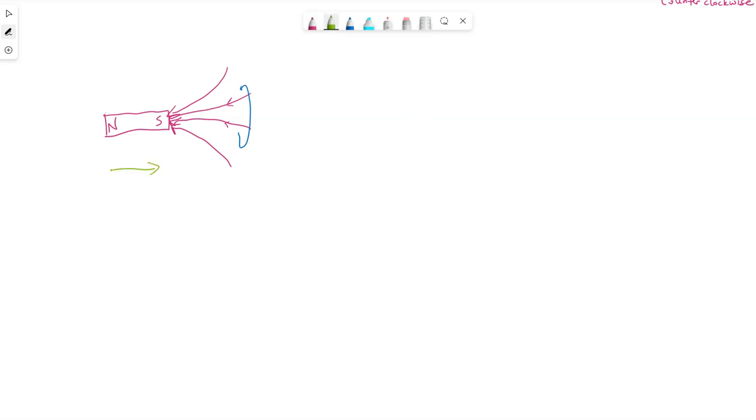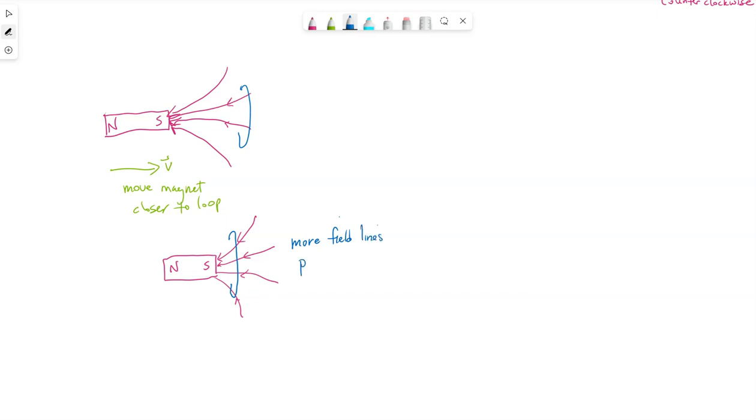If I move my magnet closer to the loop, so same magnet, but now we're closer to the loop, there's more field lines pointing to the left.